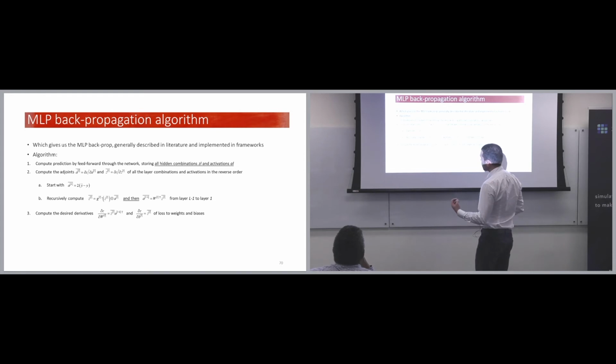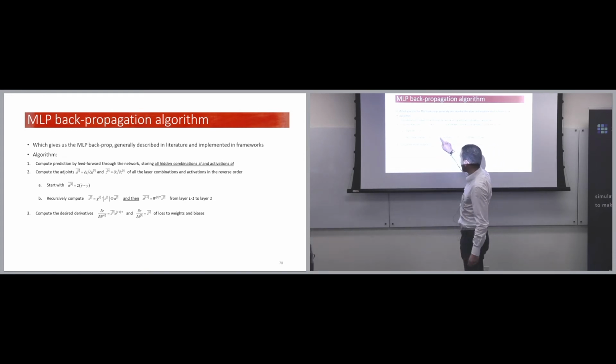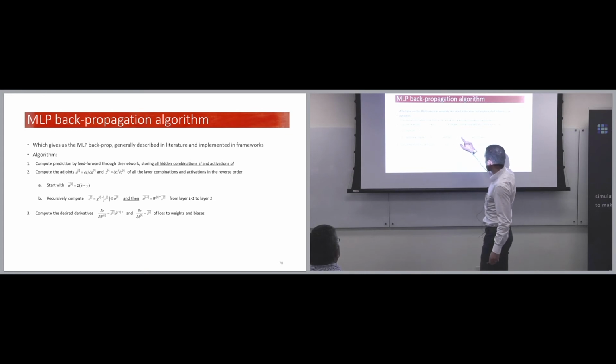And then we recursively compute, knowing the adjoint of AL, the adjoint of ZL, which is an element-wise multiplication of 2 vectors. And then we have the adjoint of the previous layer, AL minus 1, by multiplication of this by the transposed matrix of weights.